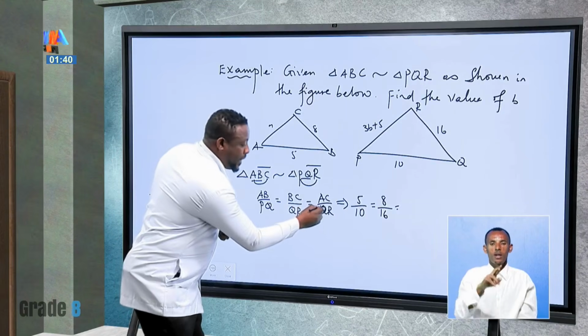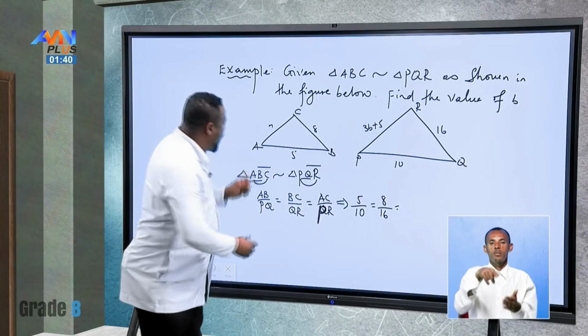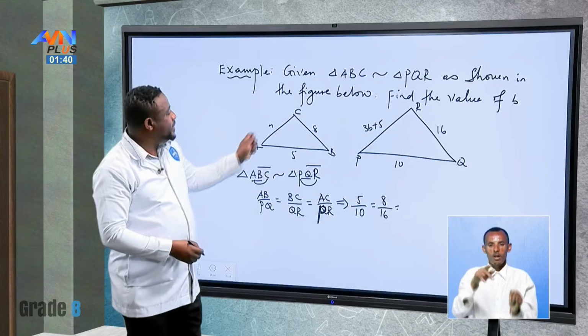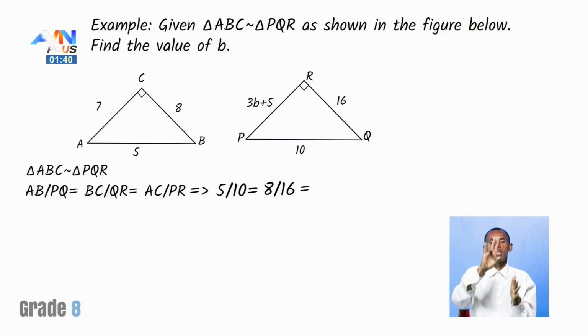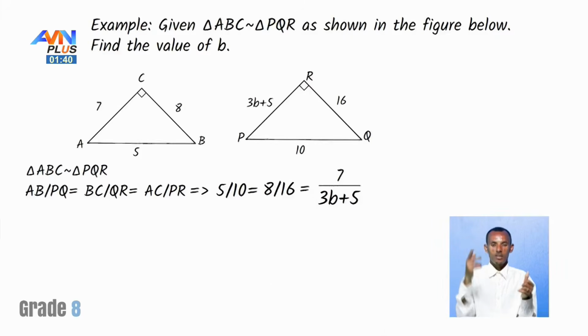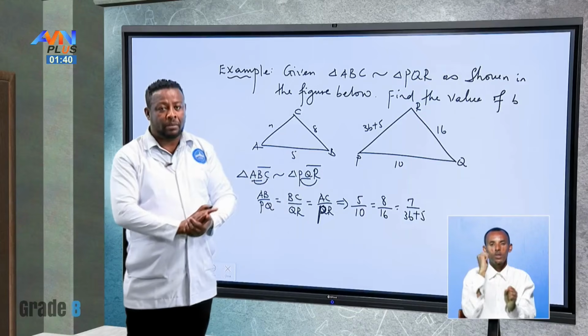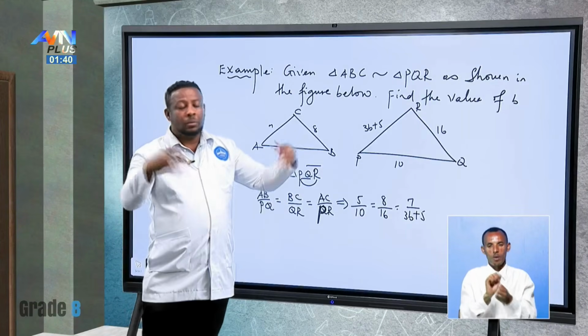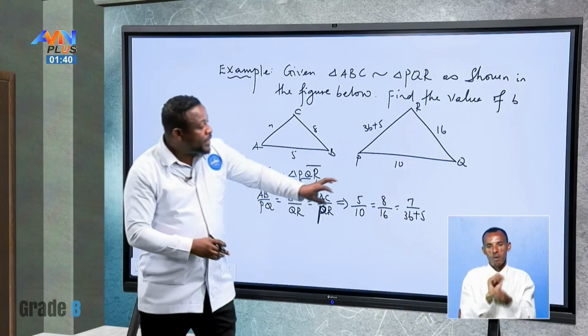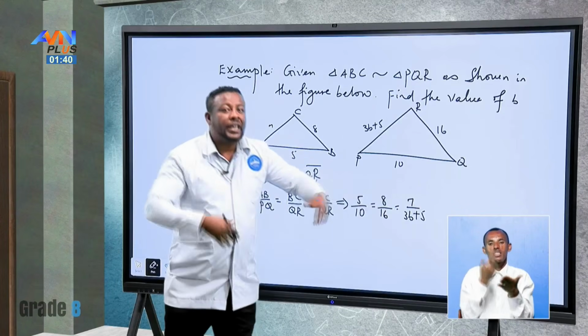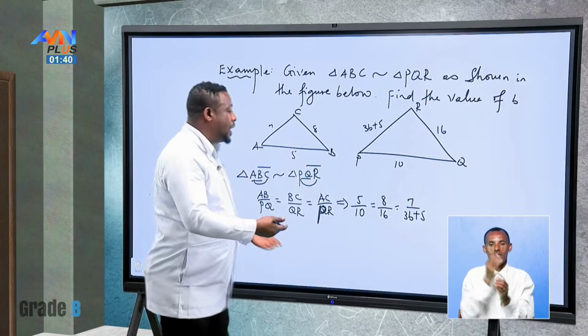So AC over PR means 7 over 3b plus 5. So this is the first step that you need to follow to find the unknown variables. You can have one variable, more than one variable, whatever the case. So taking these two, we can calculate the value of b.